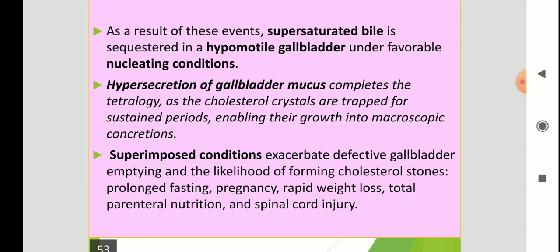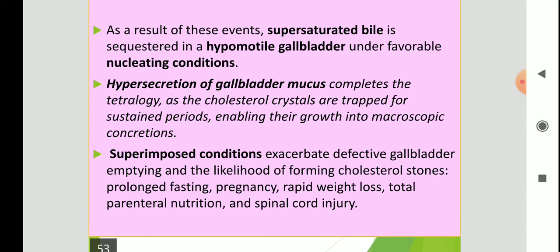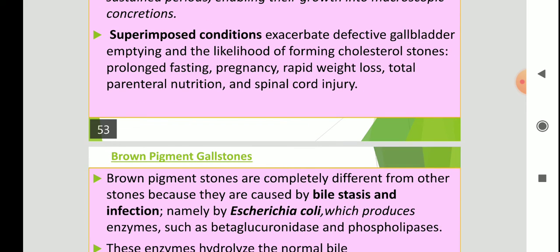The superimposed conditions exacerbate defective gallbladder emptying and the likelihood of forming cholesterol stones. Prolonged fasting, pregnancy, rapid weight loss, total parenteral nutrition, and spinal cord injury, all these contribute apart from supersaturation there.